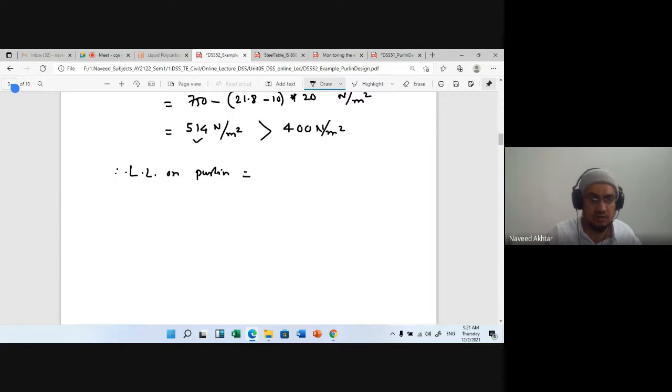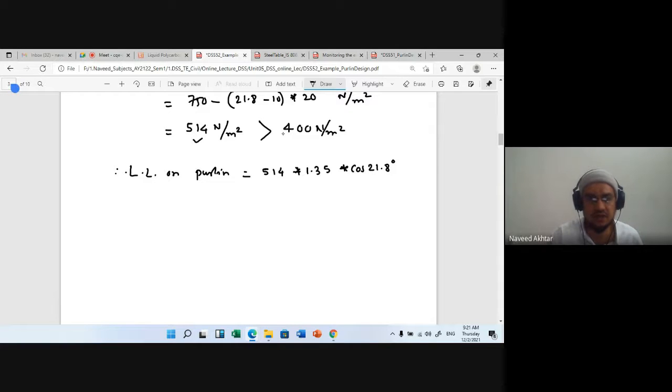The distance between the two purlins is 1.35, into cos of 21.8 degree.